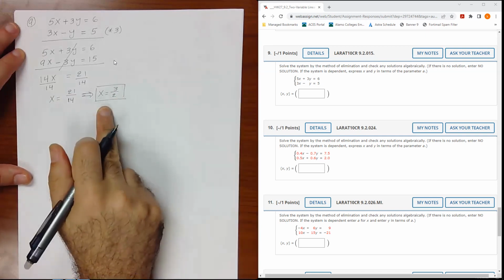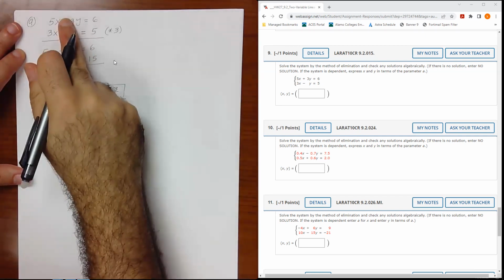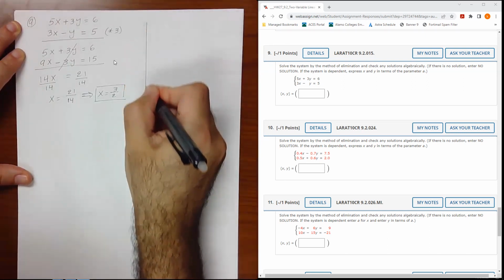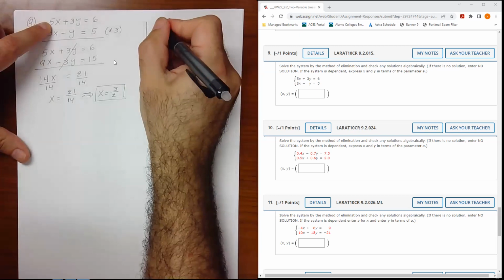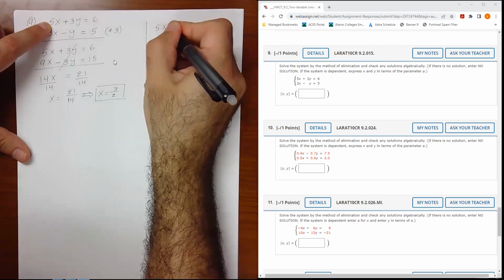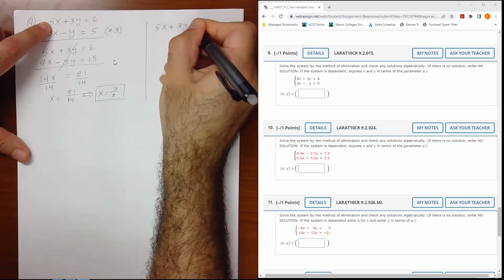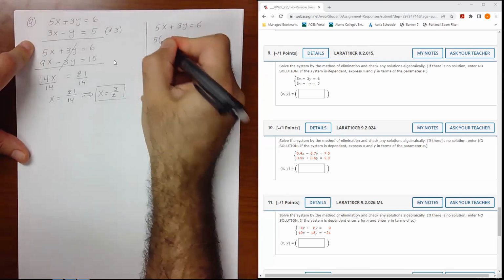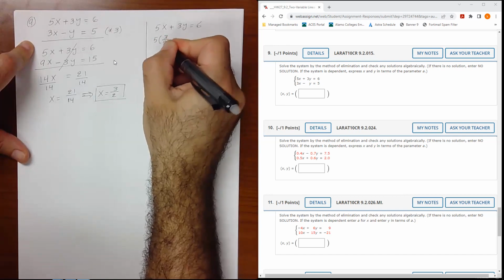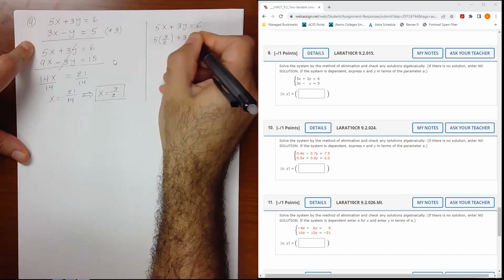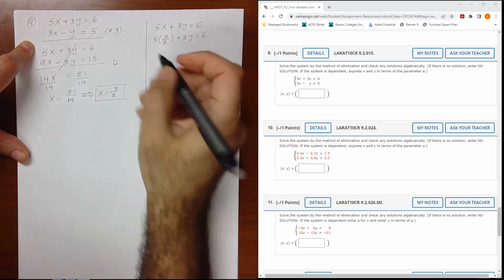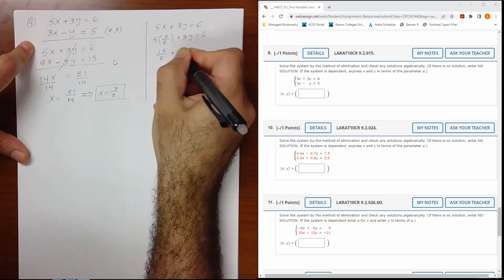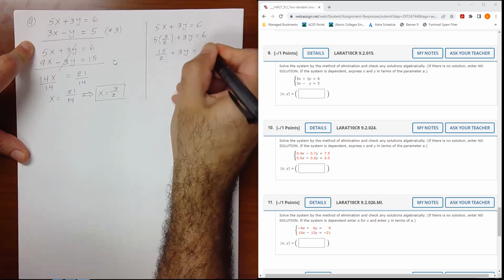Now let's plug this one in for x in the first equation to find the value of y. So 5x plus 3y is going to equal 6. So 5 times x, which is 3 over 2, plus 3y equals 6. 5 times 3 is 15 over 2, plus 3y equals 6.